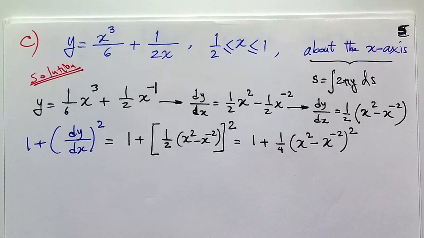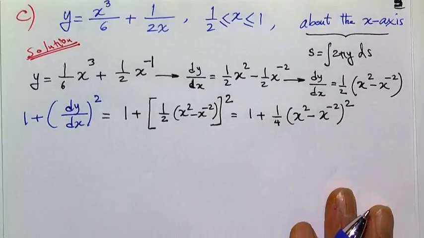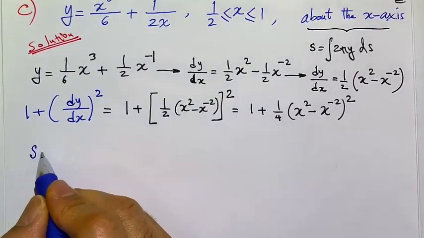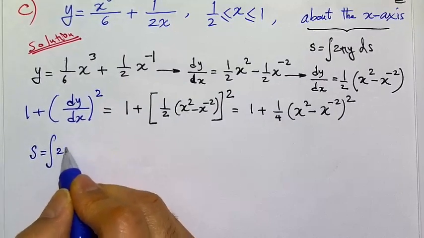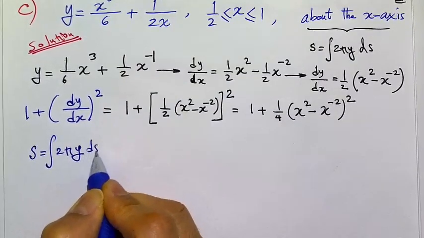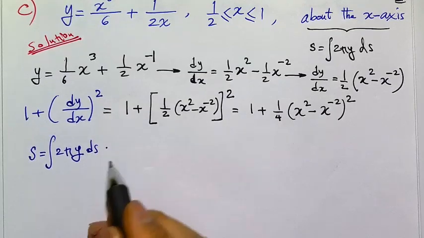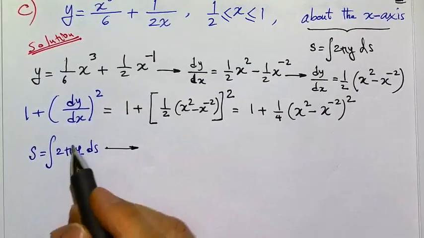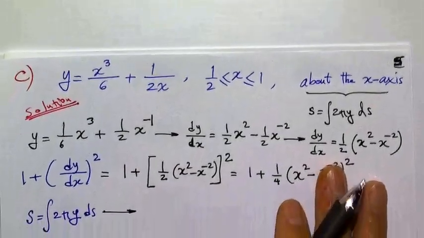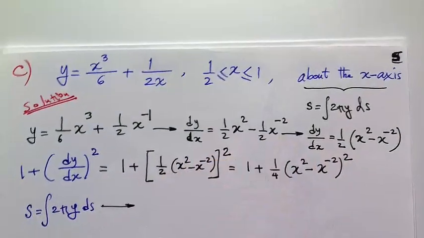Let us use it in our integral for the surface area. So we have 2 pi y ds, right? And of course this will be from 1/2 to 1.